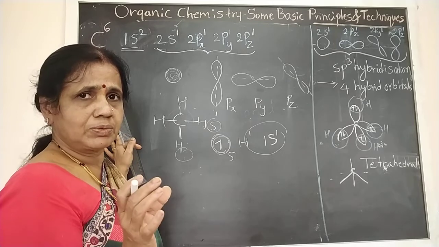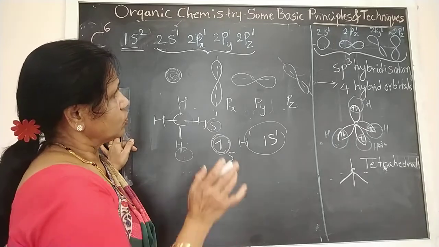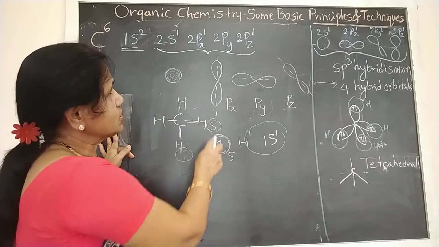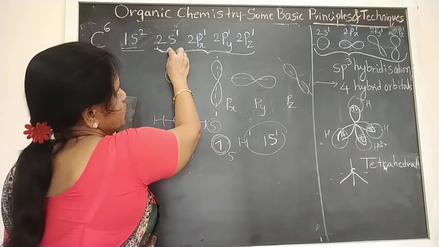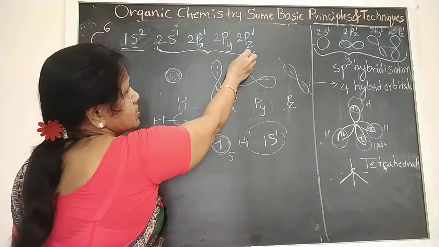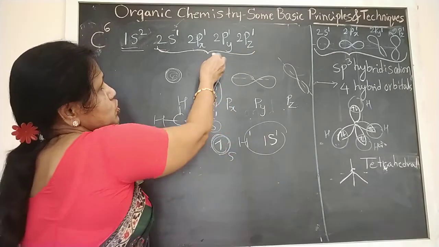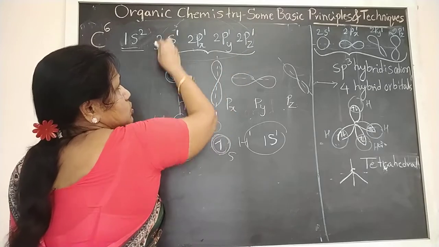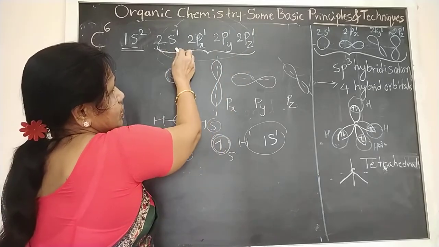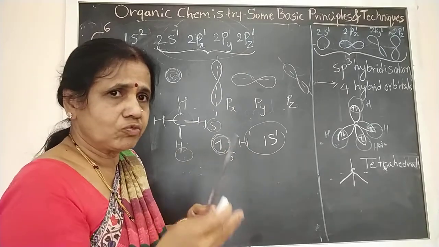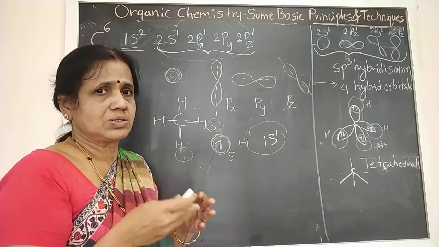Only what hybridization is, I am telling here. To form equivalent bonds, the 2s, 2px, 2py and 2pz undergo hybridization, which means mixing. One s orbital and 3 p orbitals mix together.